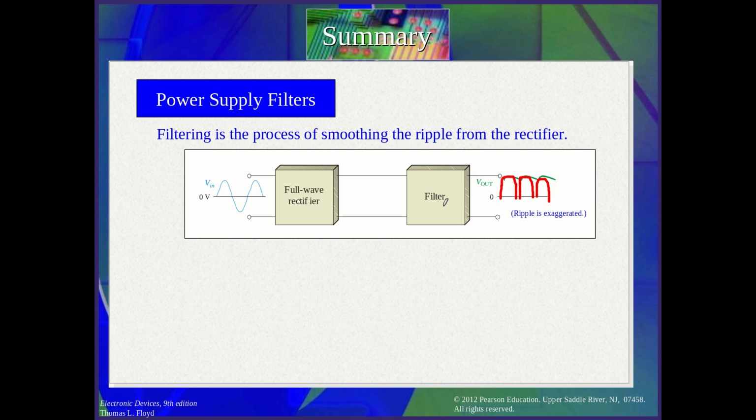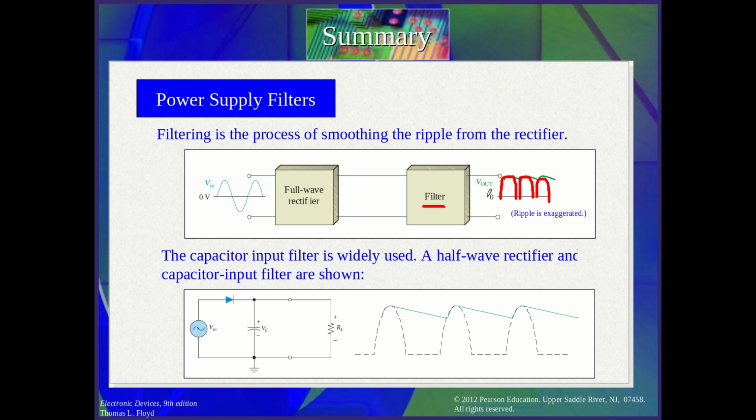We call it filtering. You use a filter to convert it to DC. What is the filter here? We use an easy, small circuit. We use a capacitor, connected in parallel to the R load.